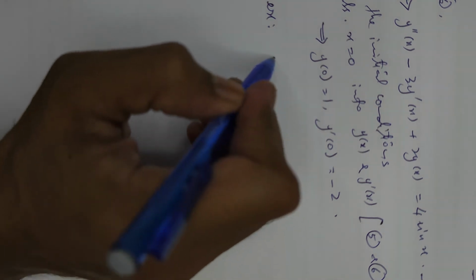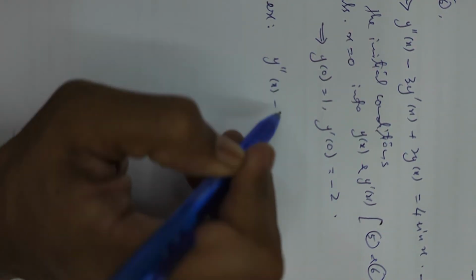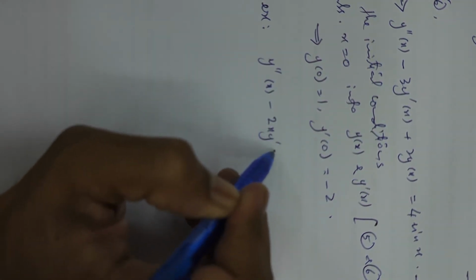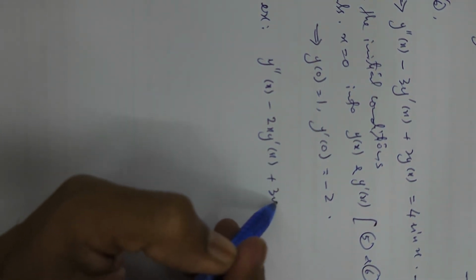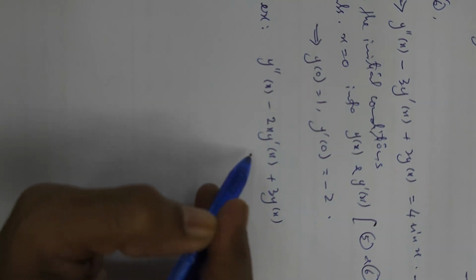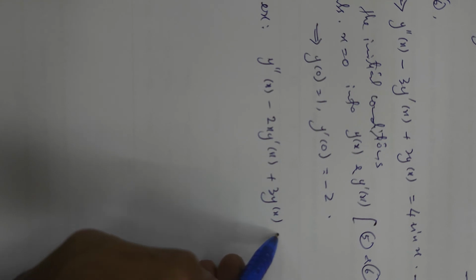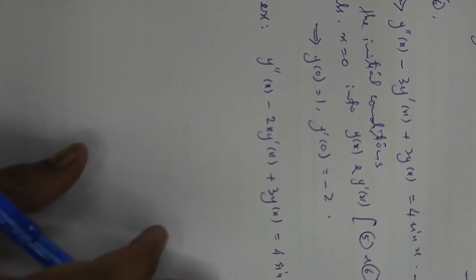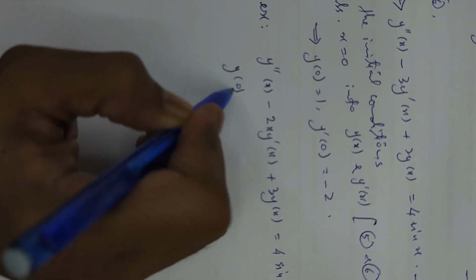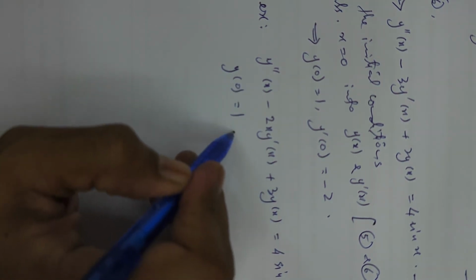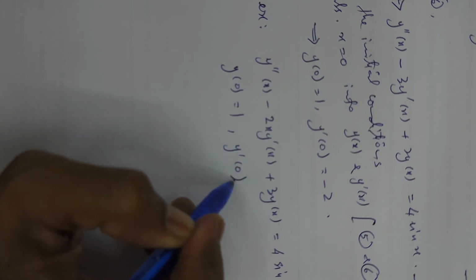If you're given y double prime x minus 2x y prime x plus 3y x equal to 4 sine x, just make sure they're different, and with initial condition y(0) equal to 1 and y prime(0) equal to 0.